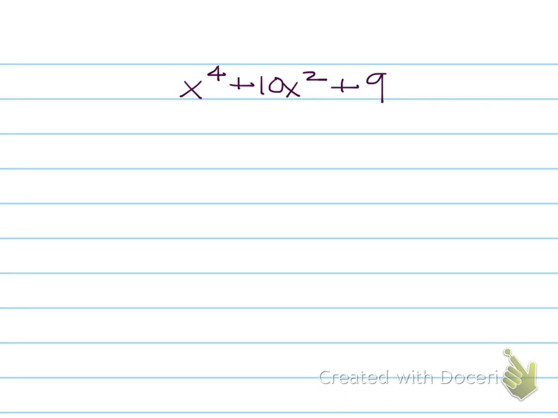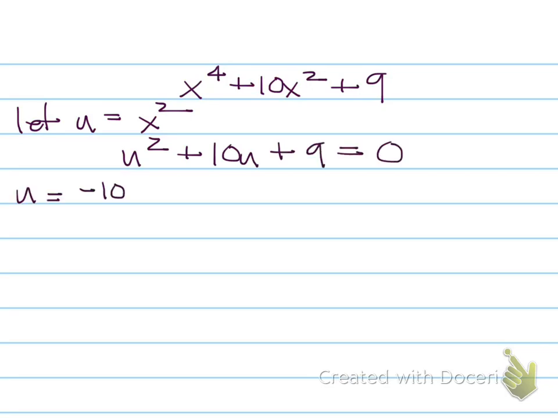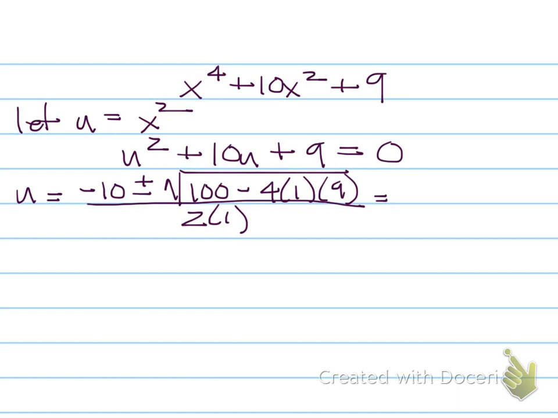So first thing we want to do is set u equal to x squared, and then we're going to replace all the x squareds with u's. So x to the 4th is the same thing as u to the 2nd power. x to the 2nd power is the same thing as u. So we can rewrite that equation as u squared plus 10u plus 9 equals 0.